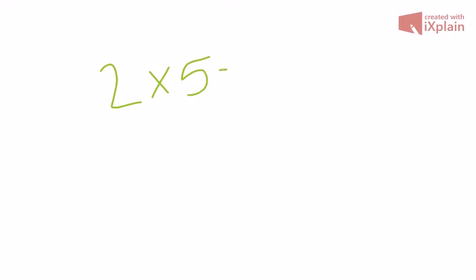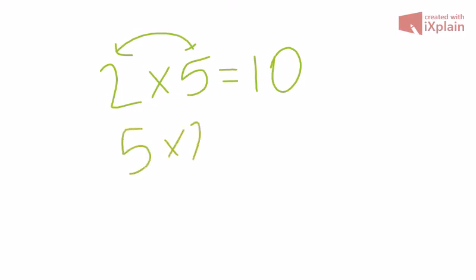And I know that 2 times 5, because I know my multiplication facts, is 10. Well, the commutative property says that I can flip-flop the 2 and the 5 and change the order, and my answer will still remain the same. So let's test that out. So I've got 2 times 5 equals 10, and 5 times 2 equals 10.